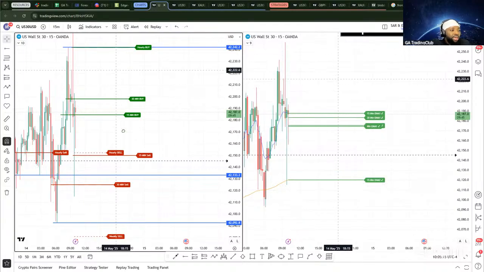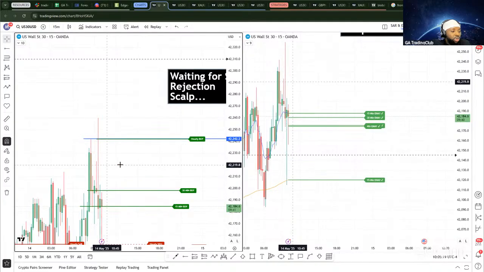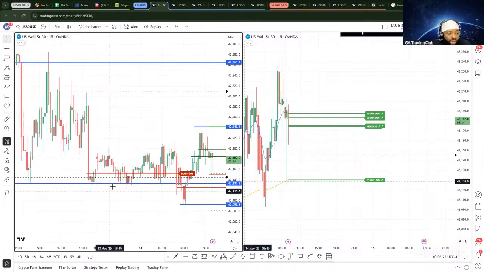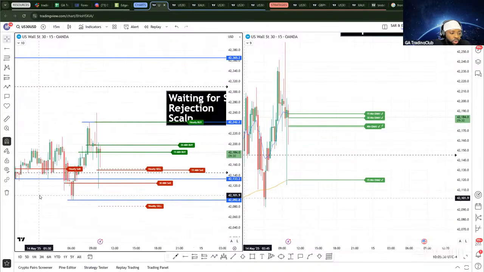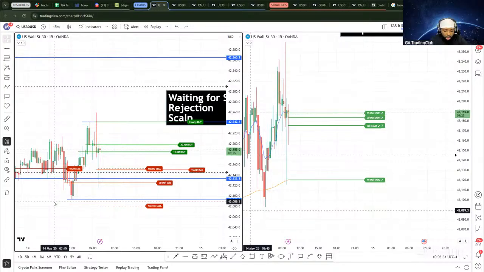So today's pre-market high, you had a rejection all the way to the bottom. We have this pre-market low here for the day. Yesterday's pre-market low got hit, I think in the afternoon session, because I remember following it. So today's pre-market low is at 42,092 area.